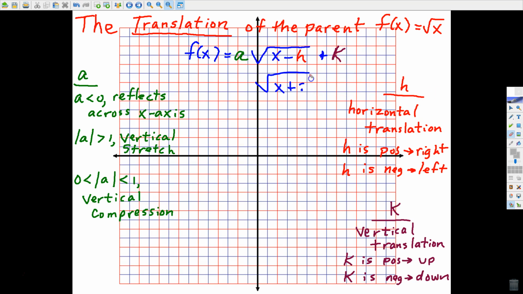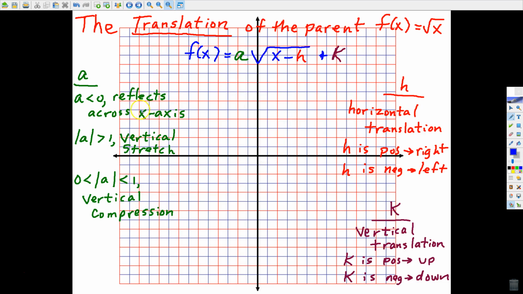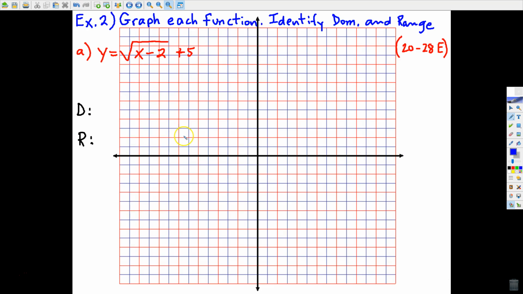And it's all based on starting off with that parent function y equals the square root of x that we graphed on this slide. Okay, so I want you to capture all this in your notes, and a big part of this lesson will be using this information to come up with the transformed parent function y equals the square root of x. All right, so let's get started with an example.